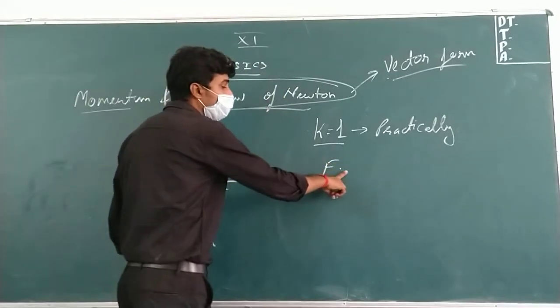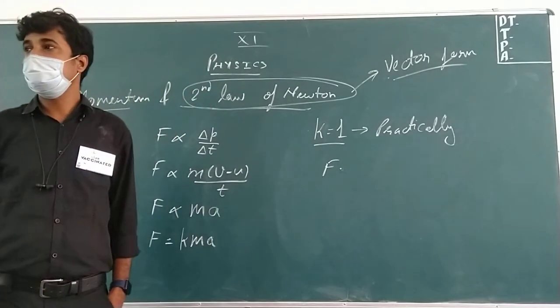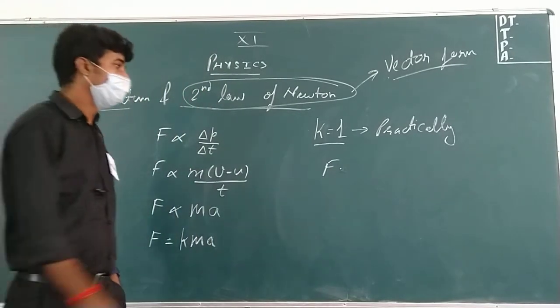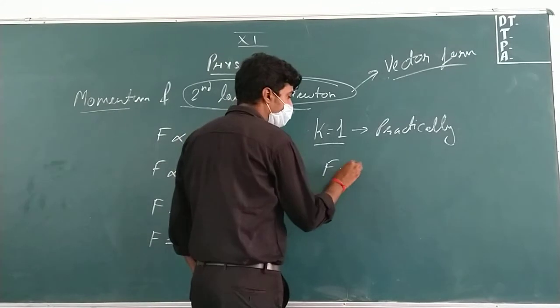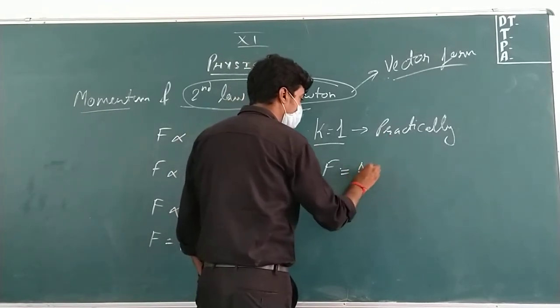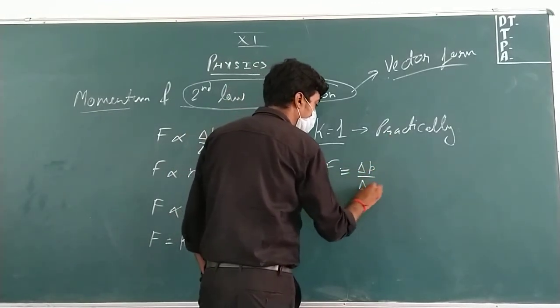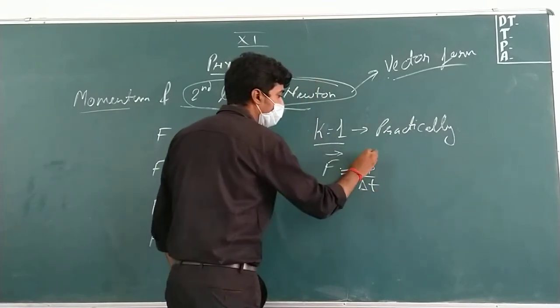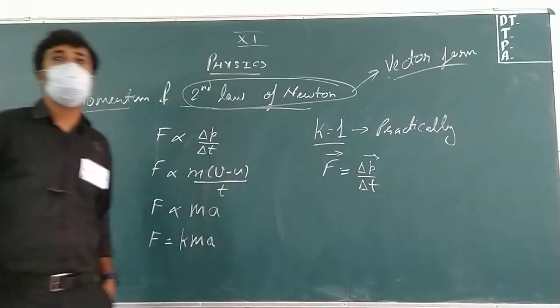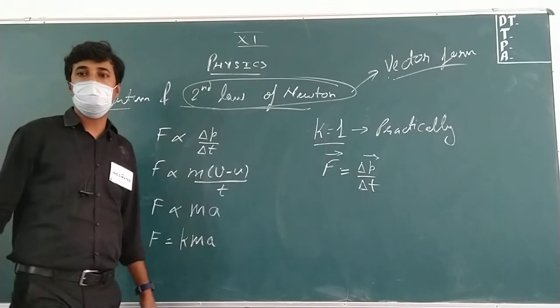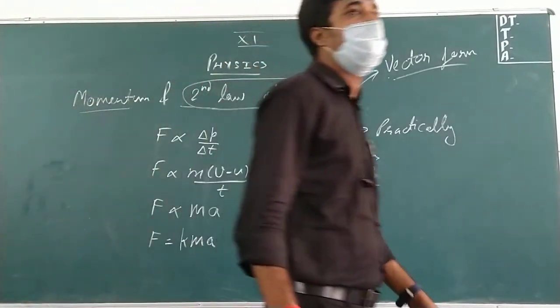F is a vector form. F has certain directions. So if F has certain directions and F is equal to delta P upon delta T, then the change in momentum, delta P, is also a vector.